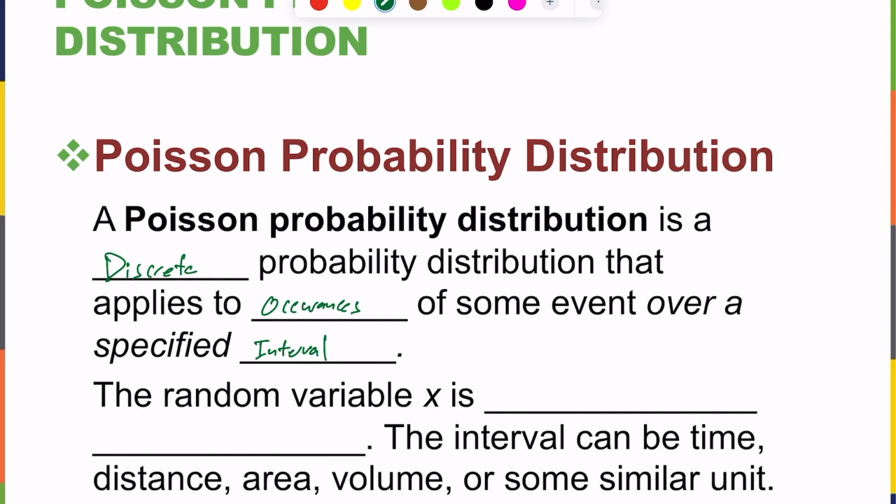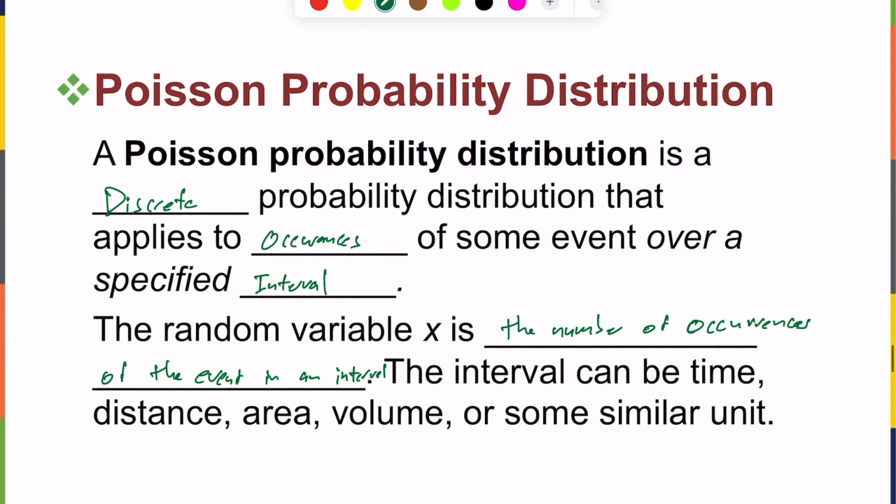The random variable x is the number of occurrences. Now, this would be great. I'm glad all of us are writing this down because it's really important. Number of occurrences of the event in an interval. So there's a specified event, there's a specified interval. X is the number of occurrences in those intervals. The interval can be distance, area, volume, or some similar unit.